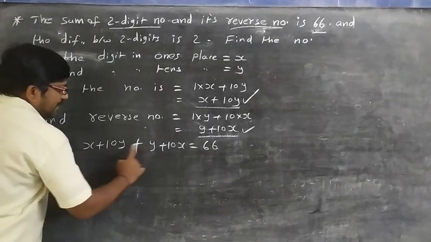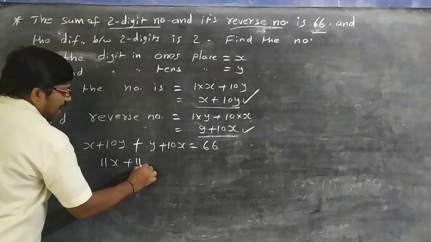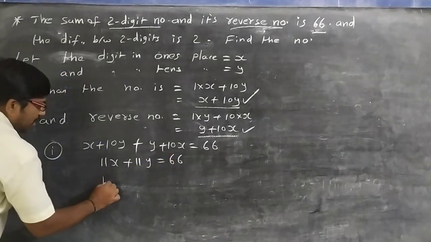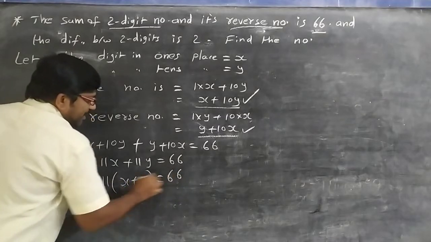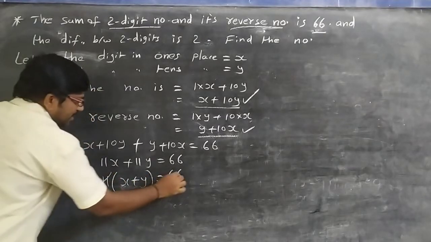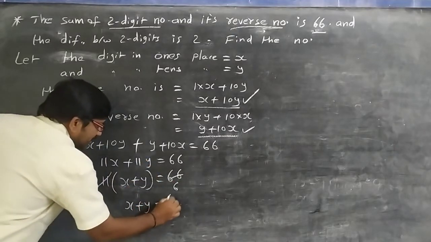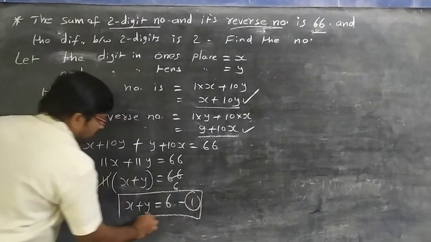So x plus 10x is 11x, plus 10y plus y is 11y, equal to 66. Take 11 common: 11 times (x plus y) is equal to 66. 11 ones are 11, 11 sixes are 66. So x plus y is equal to 6. It is equation 1, right?